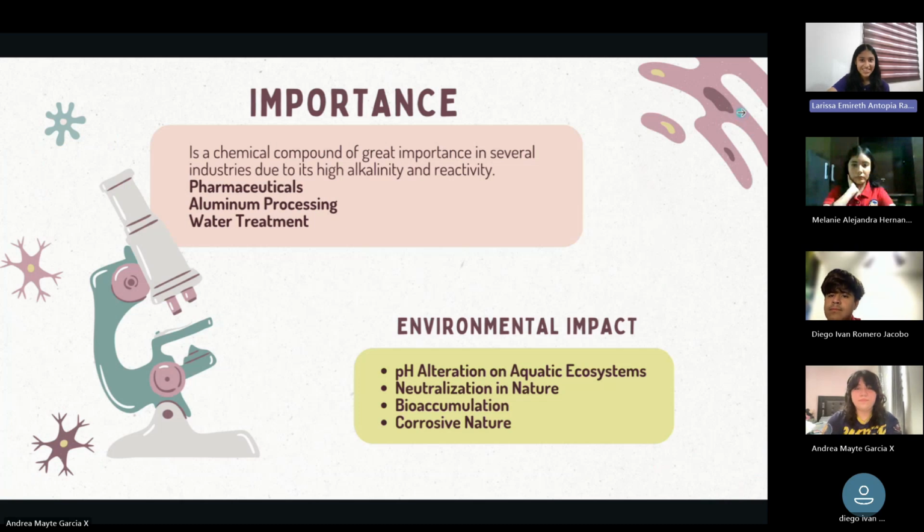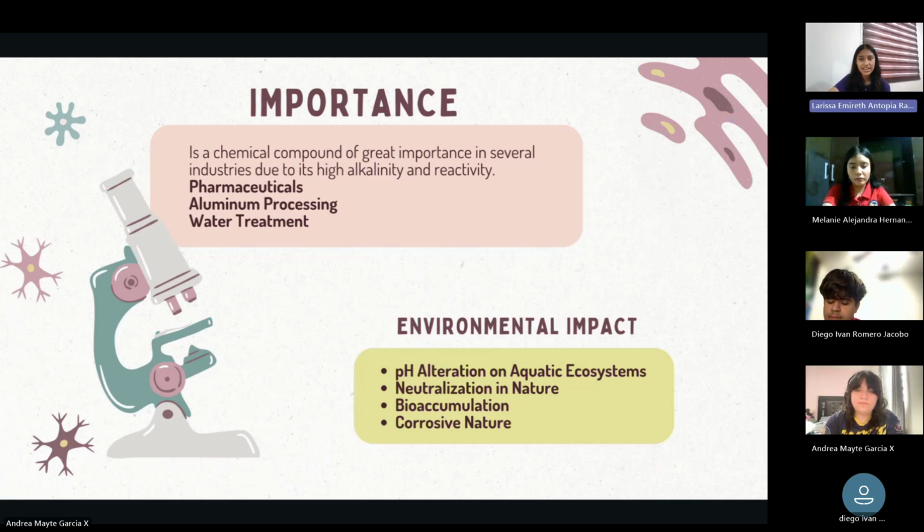Sodium hydroxide is extremely important due to its high alkalinity and strong reactivity, and it is essential in the pharmaceutical industry, aluminum processing, and water treatment, where it helps adjust pH levels and treat drinking water and wastewater.